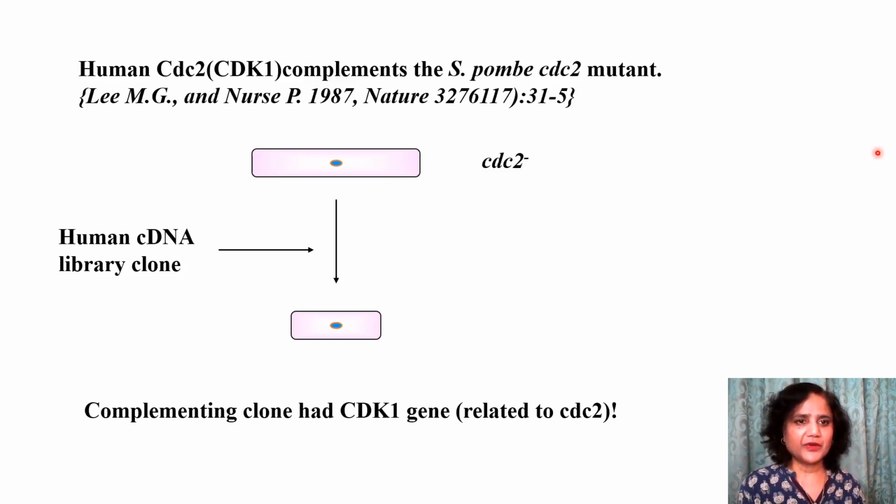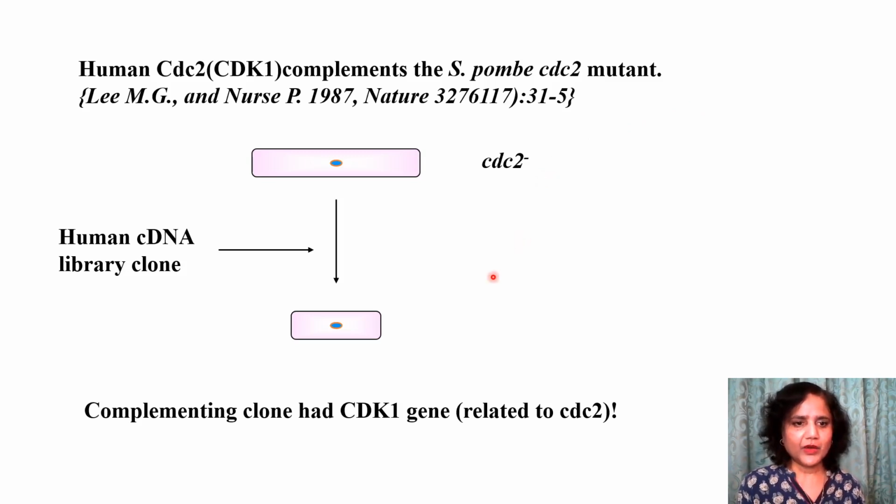Surprisingly, it was found by Lee et al. a long time ago that a cDNA clone from a human cDNA library, which is a library copied from mRNA, could complement the fission yeast CDC2 mutant phenotype.